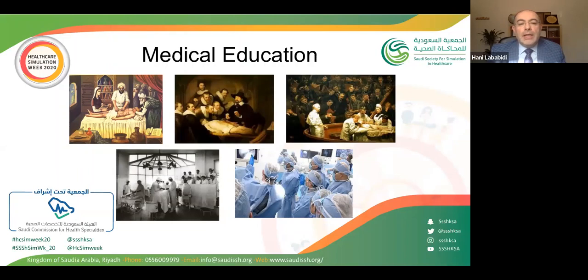So if you look at the picture on your upper left hand, this is from the Islamic era, where you have a teacher and probably an anesthesia guy at the head of the patient, and a nurse helping the surgeon. And behind the curtain, you have the students watching what the master or the professor is doing.